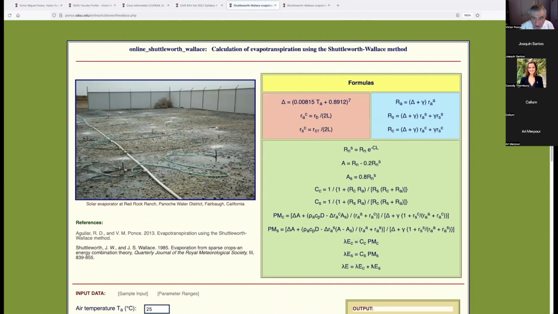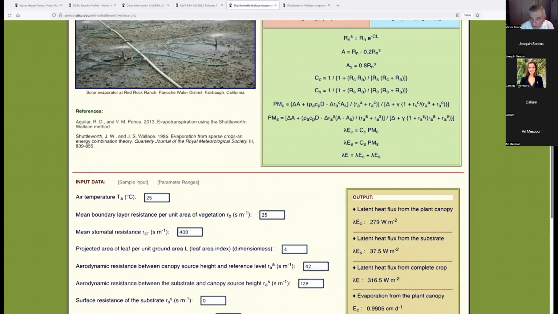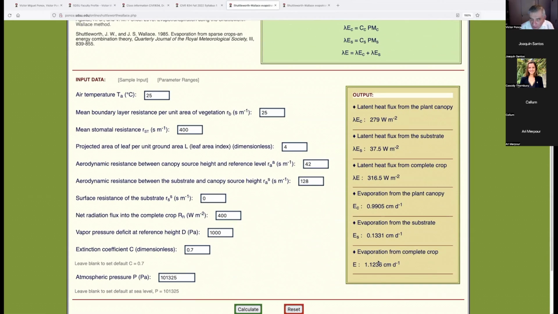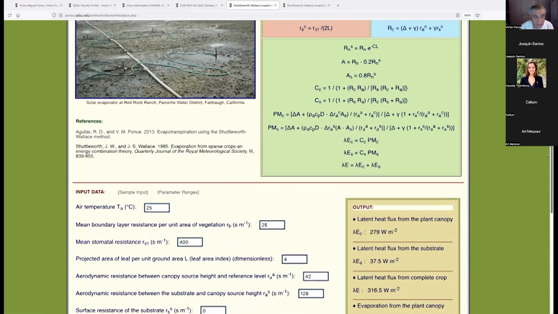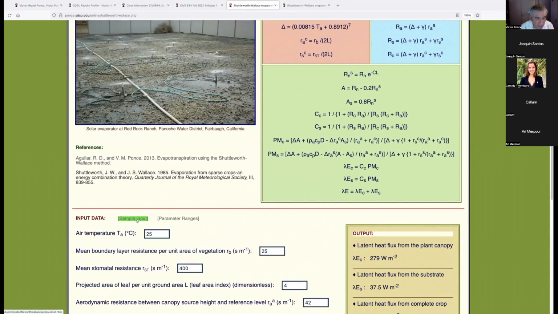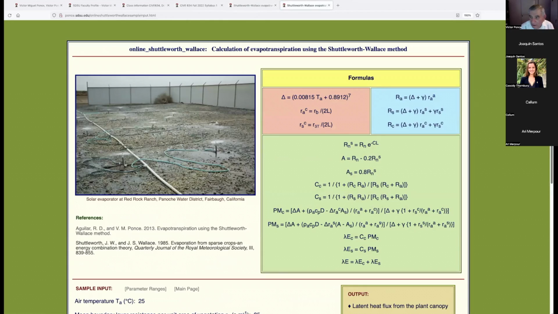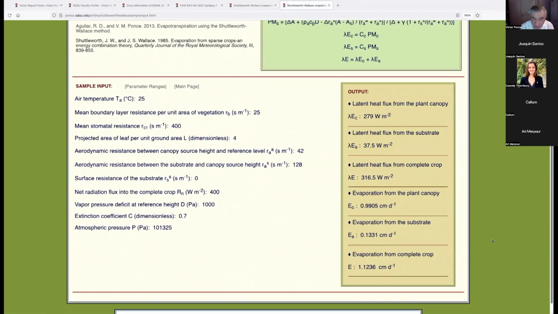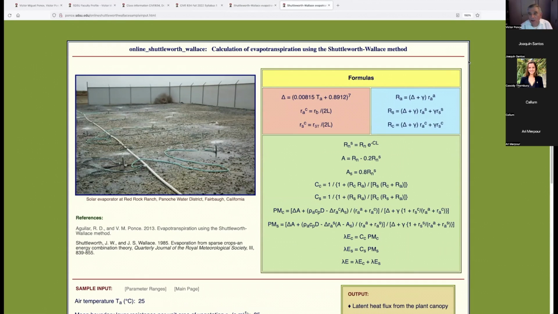Okay, so we're ready to go. So the evaporation from the complete crop is 1.112. And in the sample input, 1.112. So I correctly inputted all the data in the example of the Shuttleworth-Wallace paper.